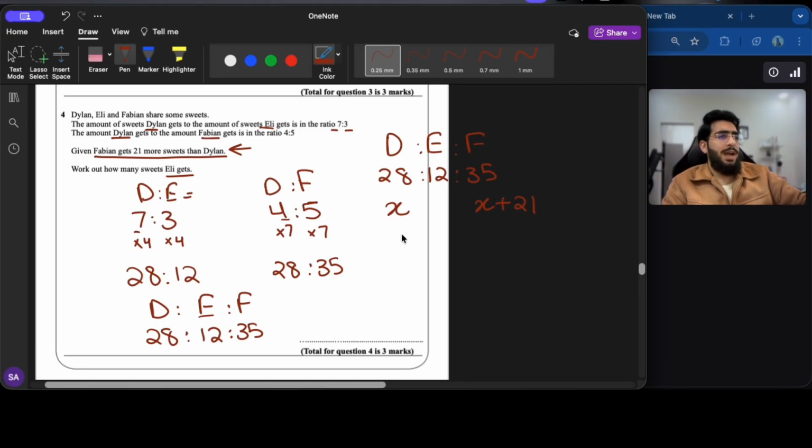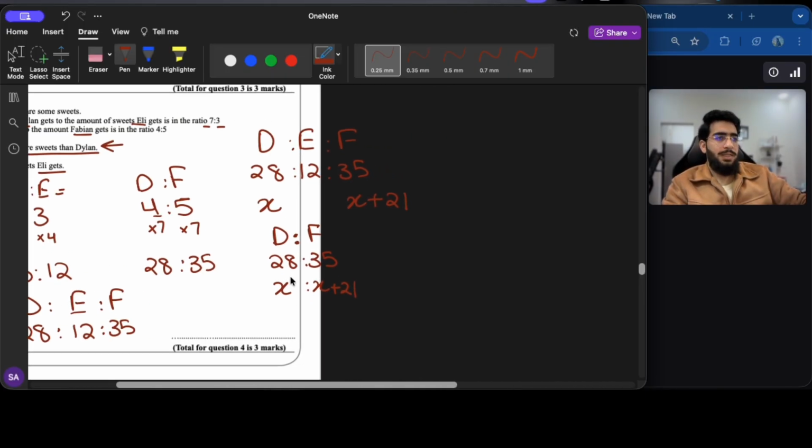Now if I write D ratio F separately, D ratio F was 28 ratio 35, and also it's X ratio X plus 21. Now I can convert this into a fraction and work out the value of X.